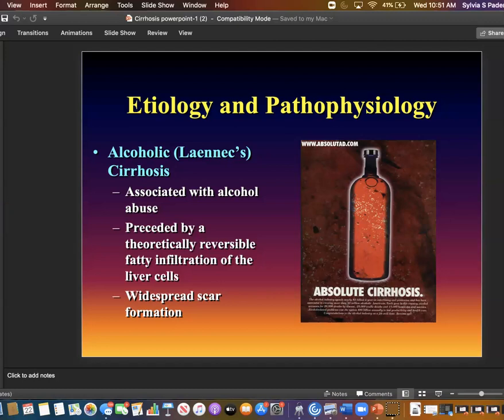If you remember the slide from previously comparing the healthy liver and the cirrhotic liver, that's the widespread scar formation, which makes the liver look like a marinated steak.